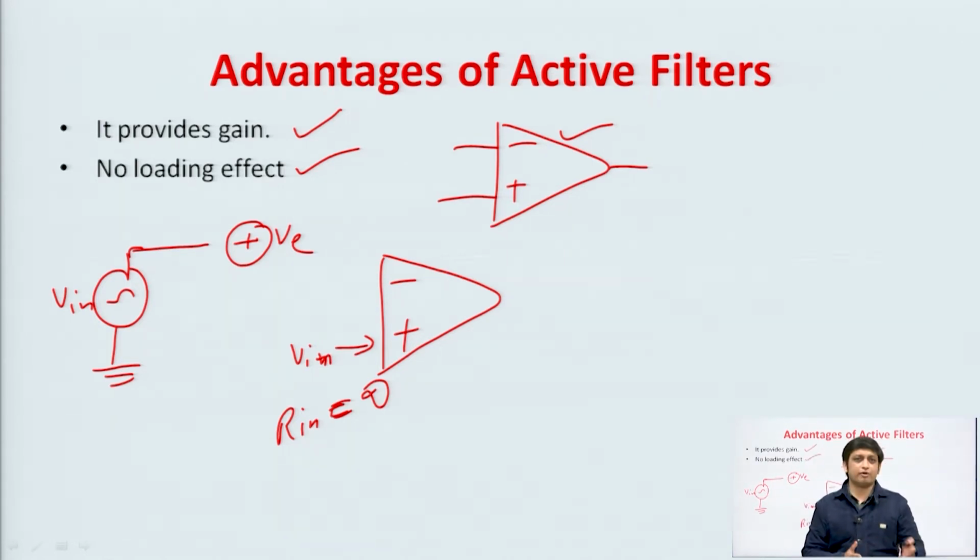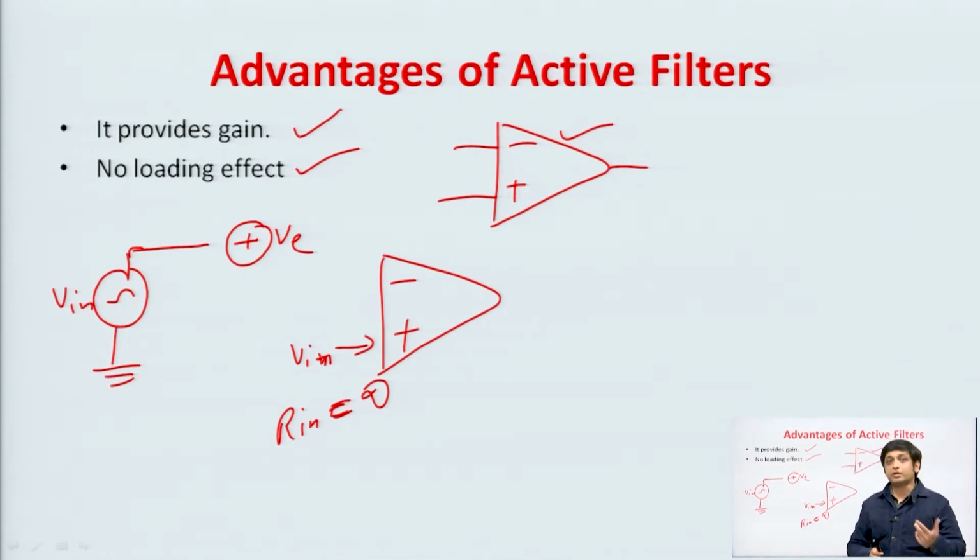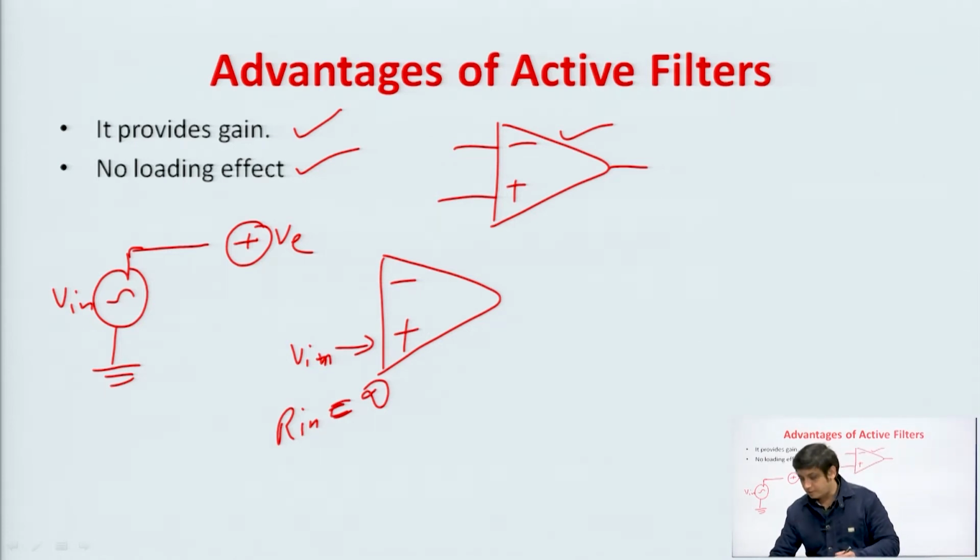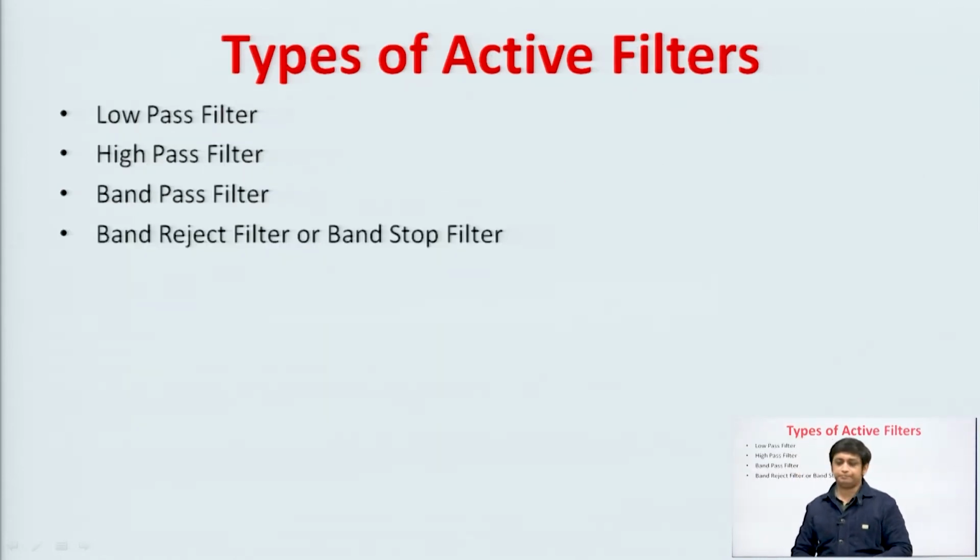So, the limitation of the active filter is the limitation of the op-amp itself. But now here we are focusing on active filters, since it provides gain and there is no loading effect, that is why we mainly use this active filter.